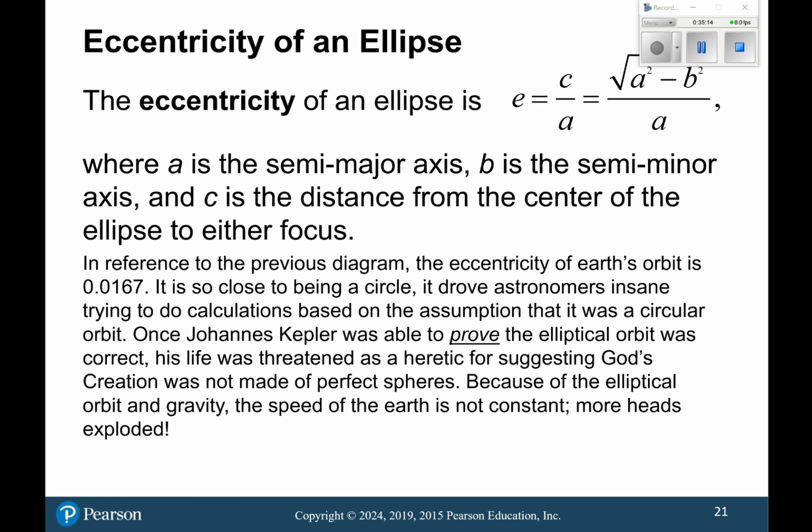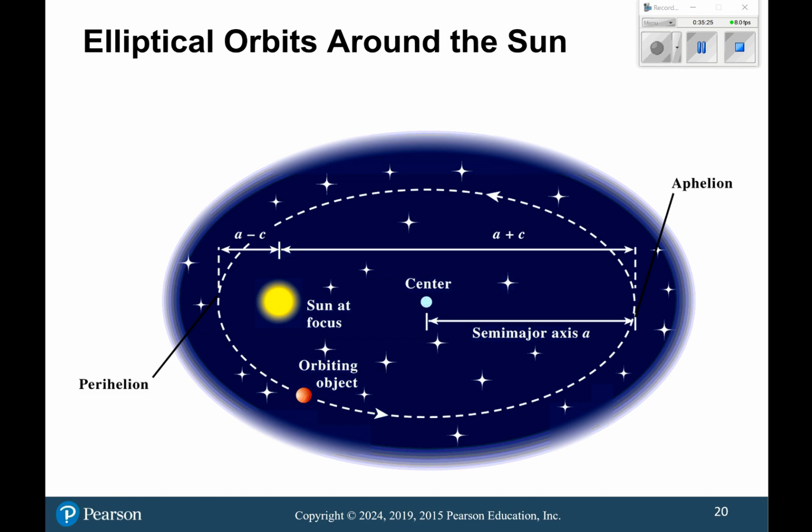Okay. So again, that's a word with which you should become familiar.